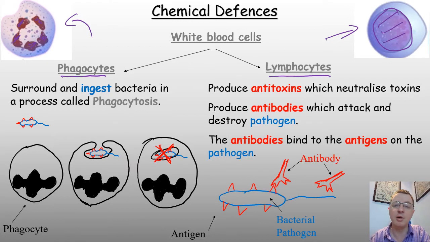Lymphocyte white blood cells have a different method to fight pathogenic bacteria and viruses. Lymphocytes produce antitoxins, which will neutralize any toxins produced by the pathogen.